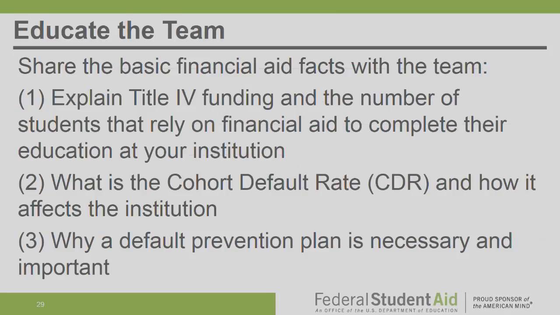You want to talk about what the CDR is and how it will impact your institution. I think sometimes we get into these categories when we get high CDR, so it's important to have those conversations now to make everyone aware. And then why default prevention is just necessary.